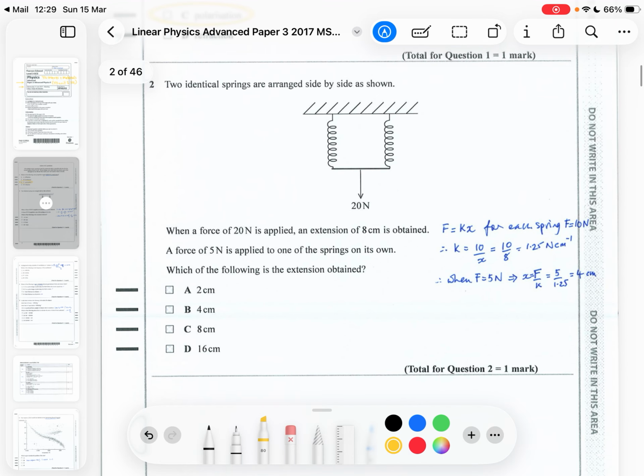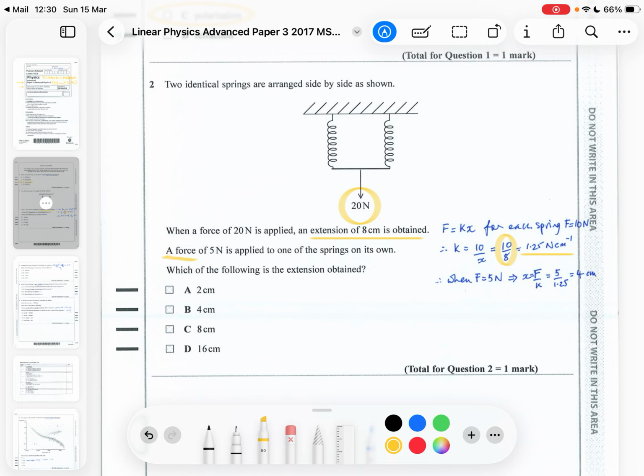Question 2, 2 springs are sharing this load because basically the 20 newtons is split between them. And there's 8 centimeters extension. So it's as if you got 10 newtons for the extension per spring. So the stiffness constant can be worked out for each spring as 1.25 newtons per centimeter.